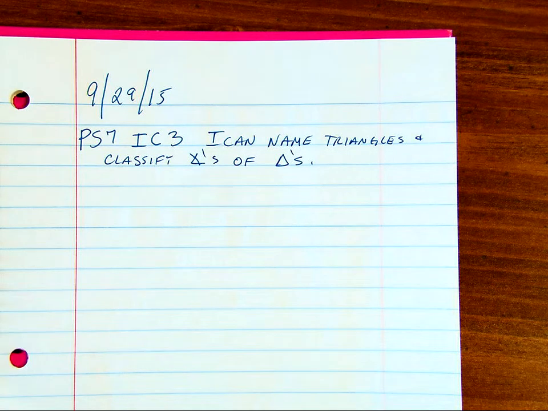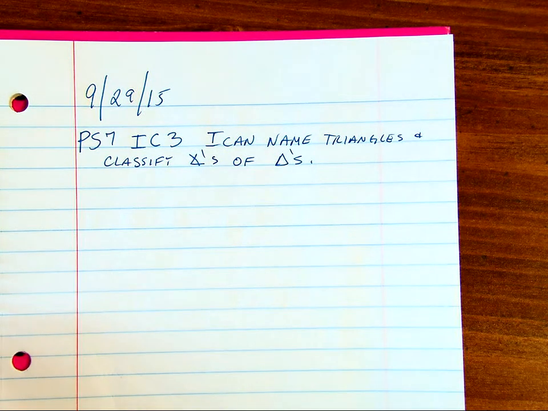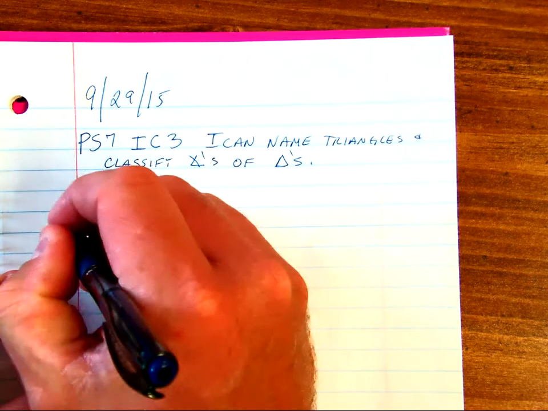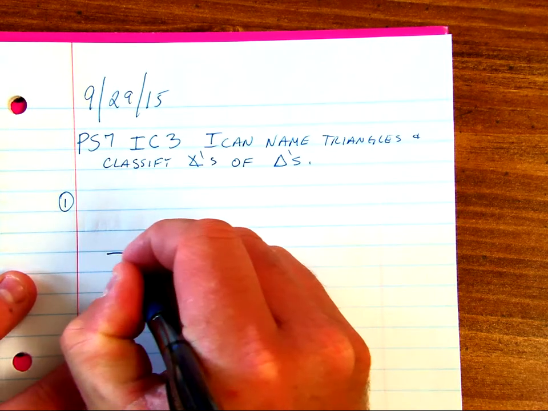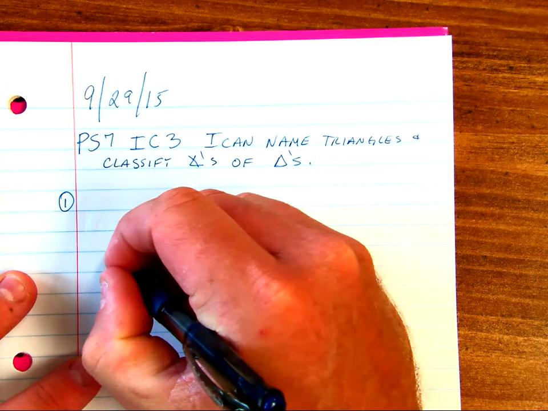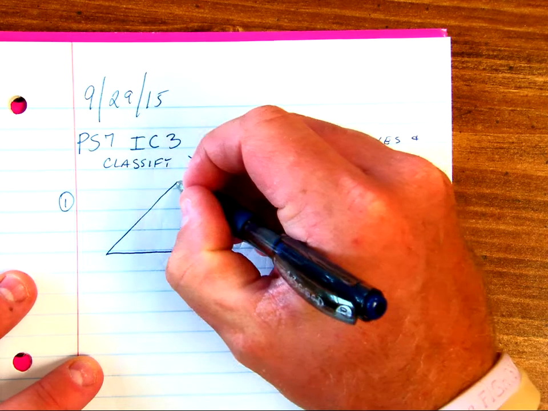You guys remember doing that on your test? They were supplementary? Yes or no? Yes, okay. Well, we're going to be doing that again, except it's going to be in a triangle.